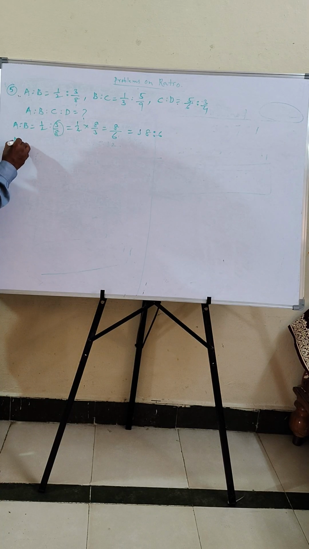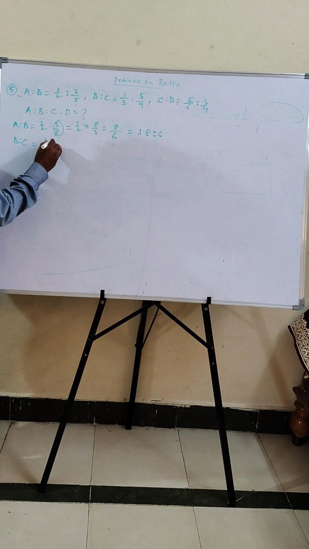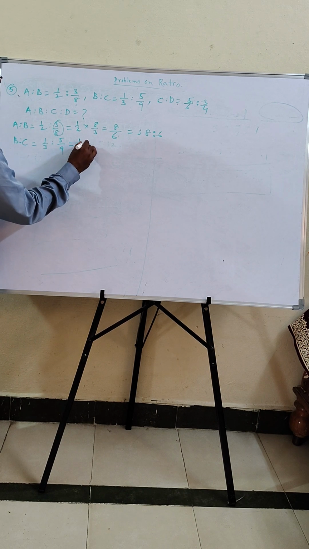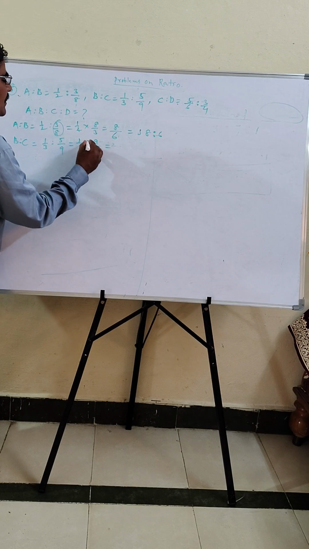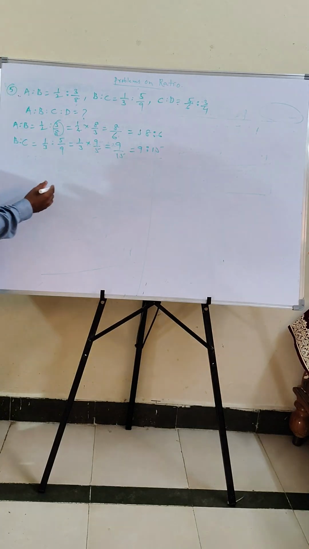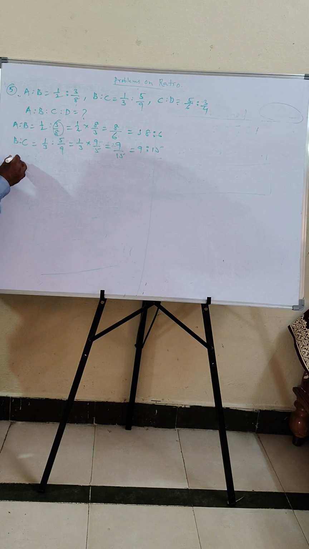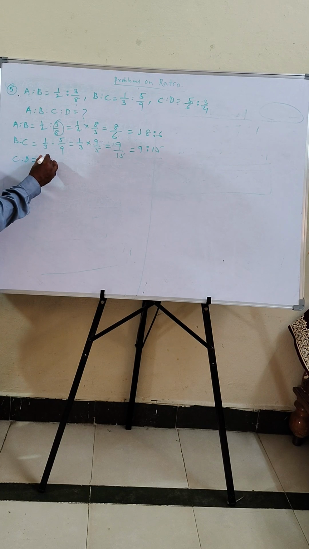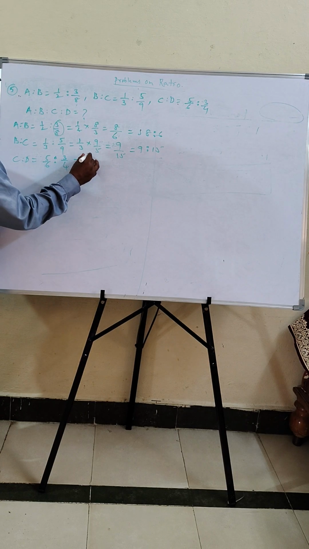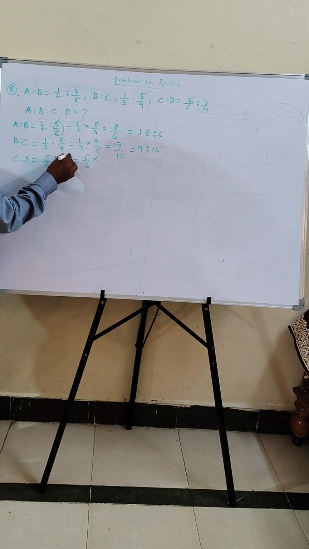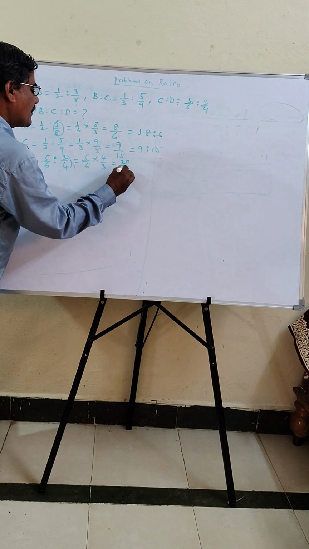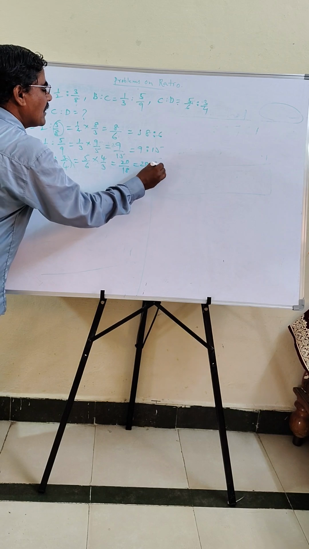Similarly, B is to C equal to 1 by 3 is to 5 by 9, which is 1 by 3 into 9 by 5 equal to 9 by 15, so 9 is to 15. Similarly, C is to D equal to 5 by 6 is to 3 by 4, that is 5 by 6 into 4 by 3, which is 20 by 18. 20 is to 18.